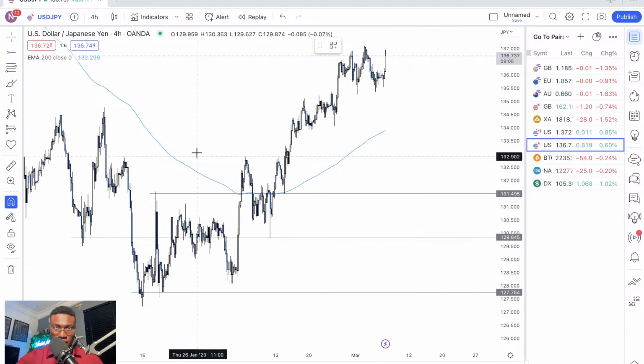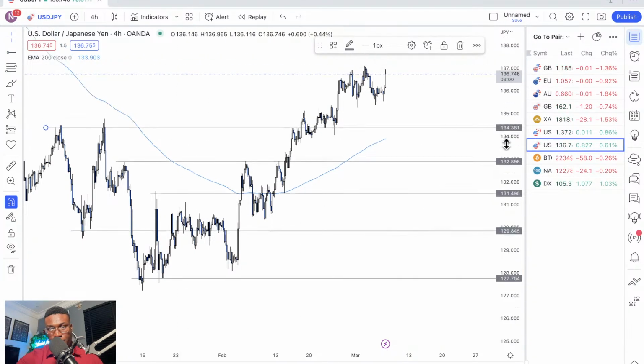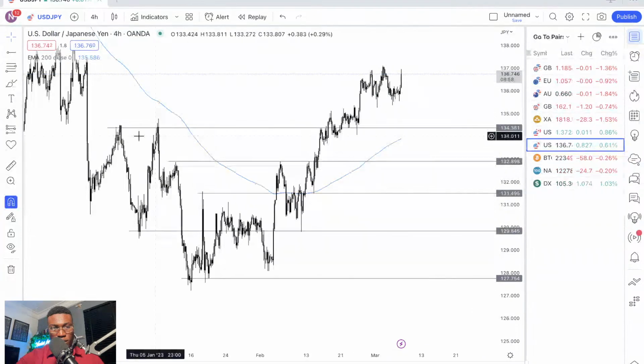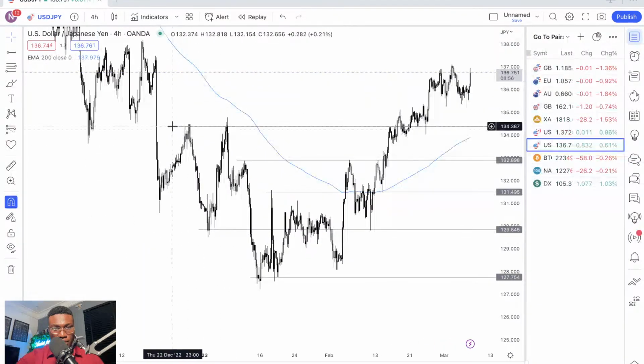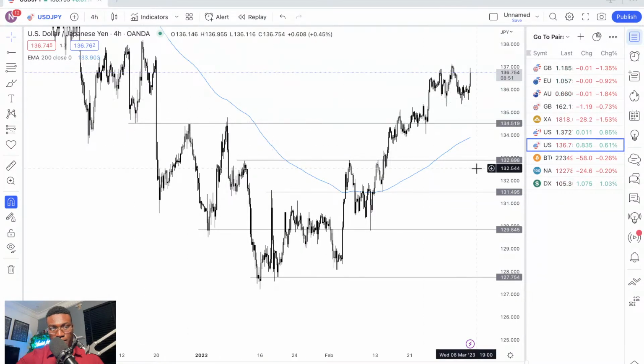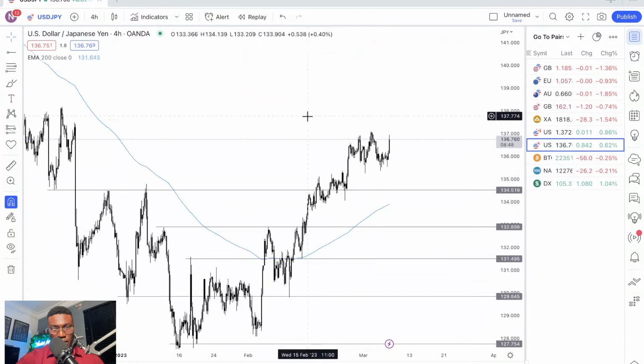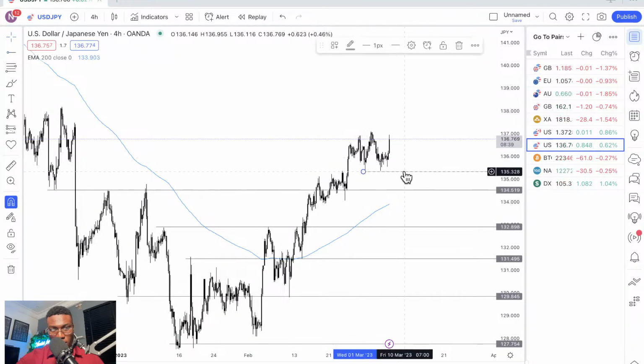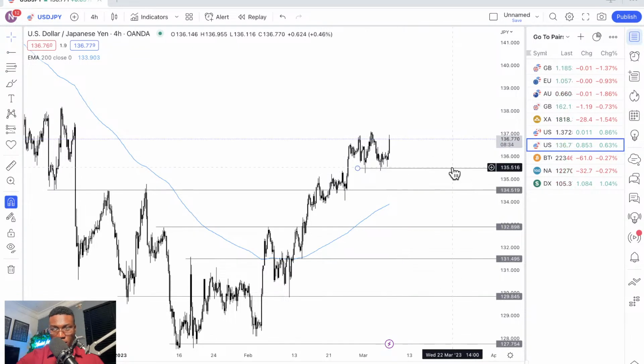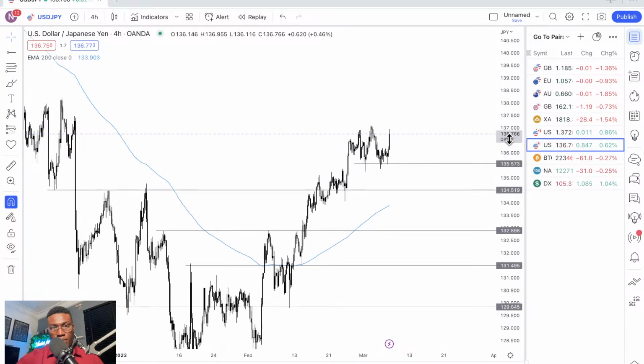I'm just trying to identify key levels first. We have another one here. Can trace this one back as well. So let's just take it back a little bit. We have this one here.